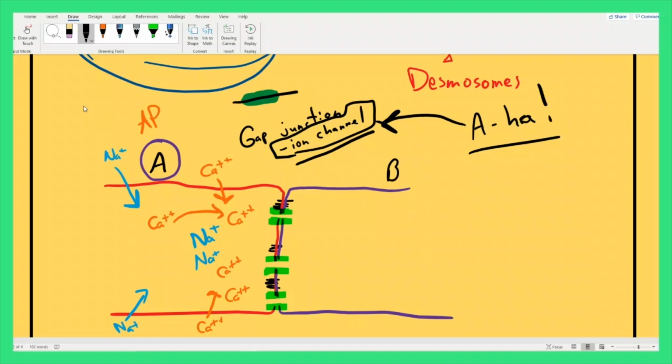These doors are open. These are non-gated ion channels right here. Nothing stopping these ions from moving from an area here in A where there's a lot of them to an area here in B where they're not all loose.